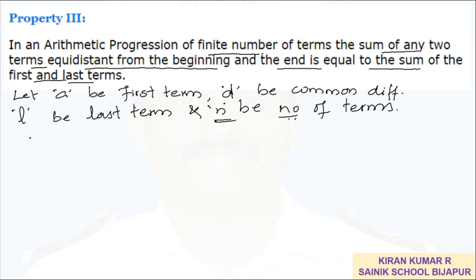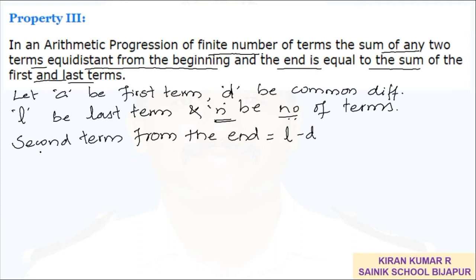What will be the second term from the end? The second term from the end will be the last term minus the common difference. What will be the third term from the end?